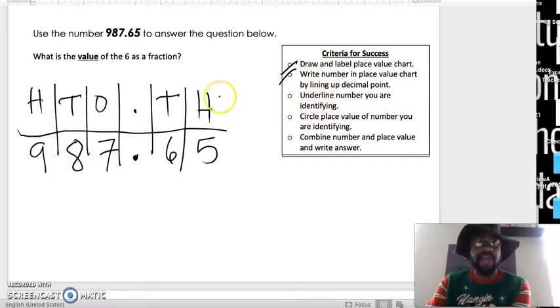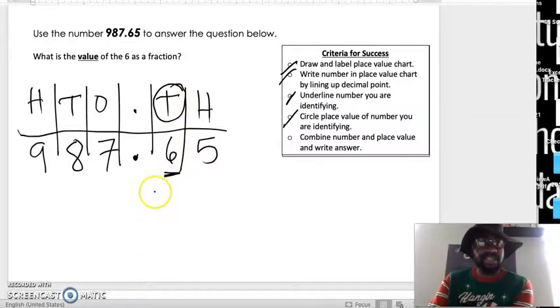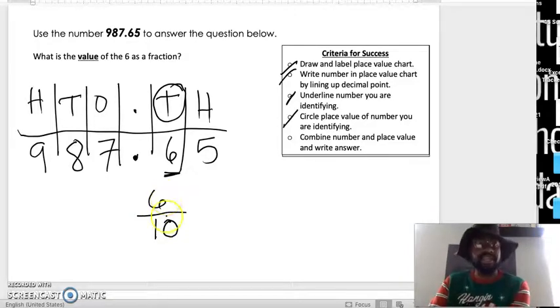I'm going to underline the value I'm looking for. For this number, we are trying to find how much the 6 is worth. And what place value is the 6 in? It's in the tenths place. So if I want to make that into a fraction, I say the number and then the place value. This is 6 in the tenths place, which means my fraction is going to be 6 tenths.